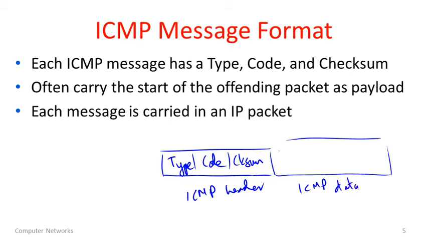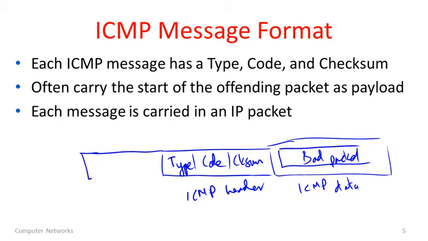What's carried in there? Well, essentially the beginnings of an IP packet. I'll just call it bad packet. That's the packet which caused this problem in the first place. And this ICMP message is sent over the network in its own IP packet, so at the front of it there'll be an IP header. Just a standard IP header.